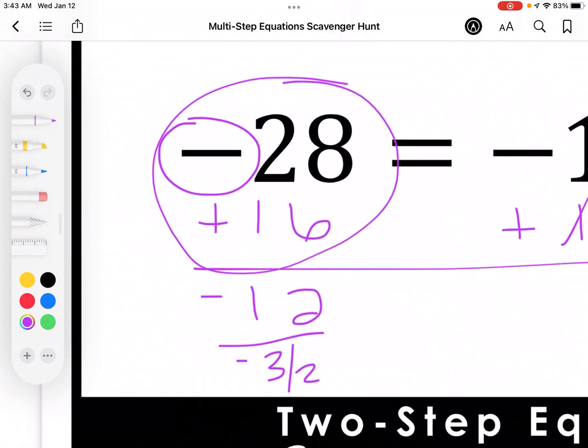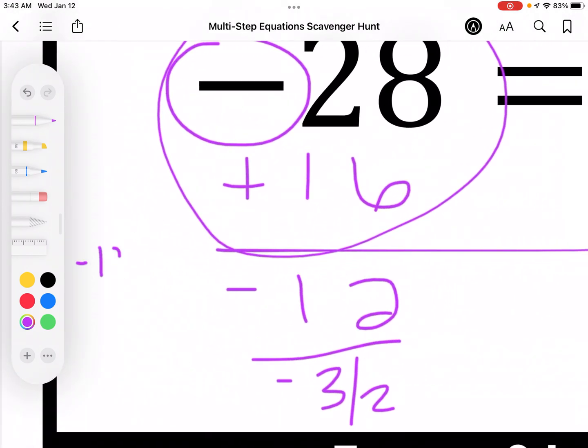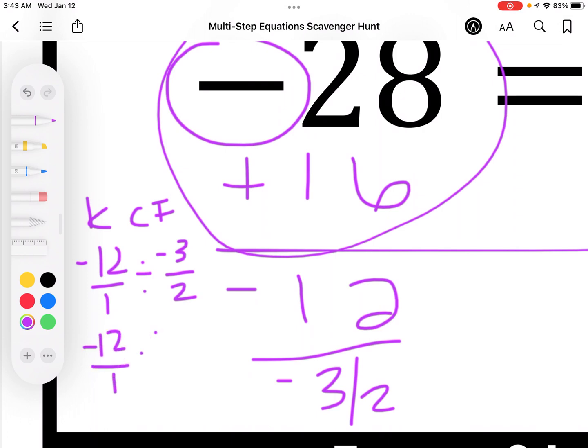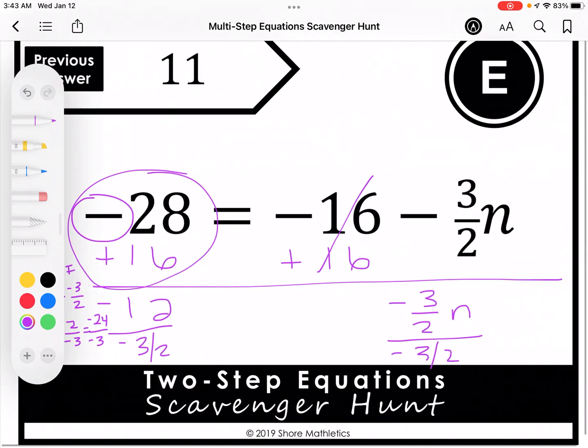So that's the same as negative 12/1 divided by negative 3/2. Keep, change, flip. So that's negative 12/1 times 2 over negative 3, which would be 24 divided by negative 3. Negative 24 divided by negative 3 will give me a positive 8. So n equals 8.